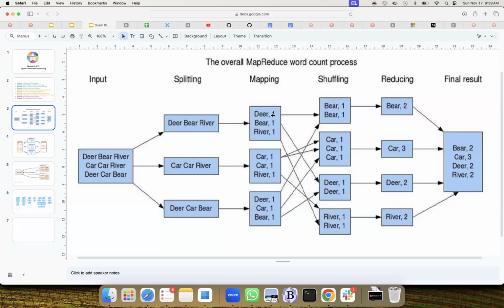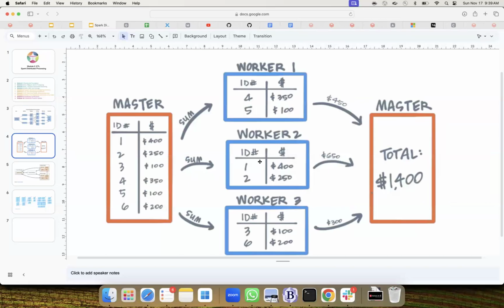Now, as I said, it can be any function that we are trying to do. So if I come here, all I want to do is sum of all the dollars for workers, or salaries, or whatever it is, payments to be made.